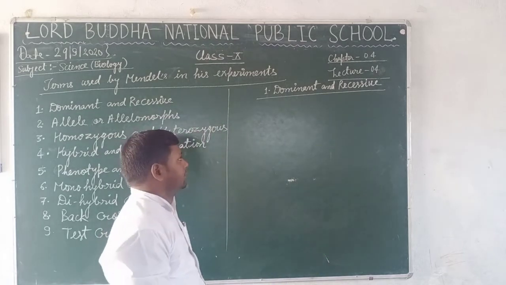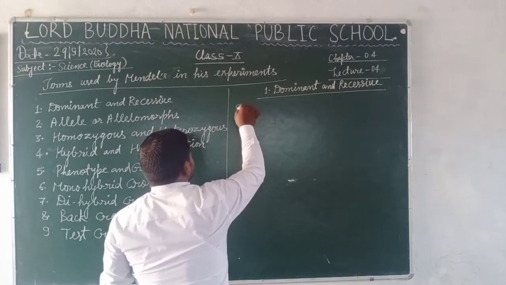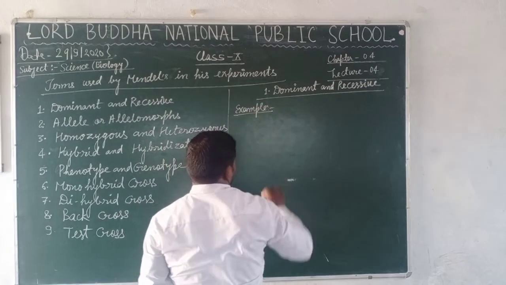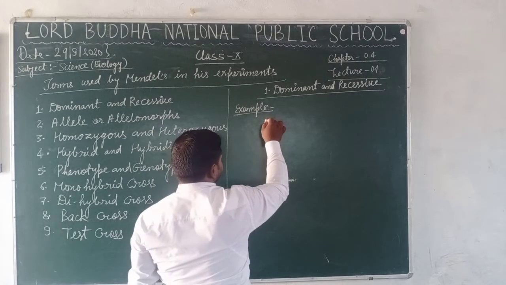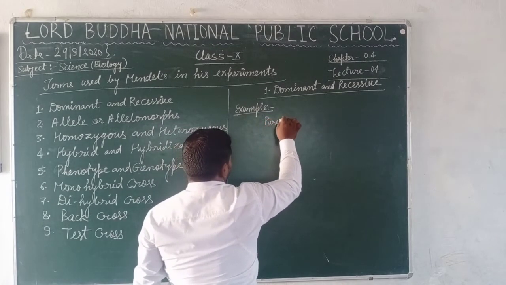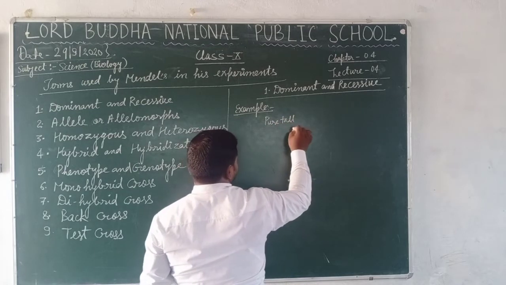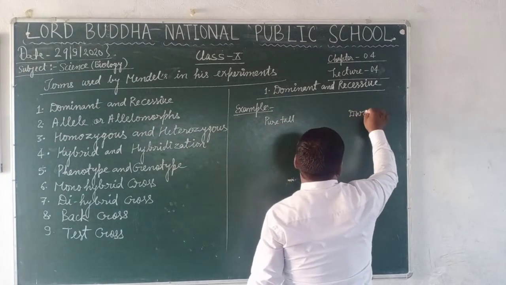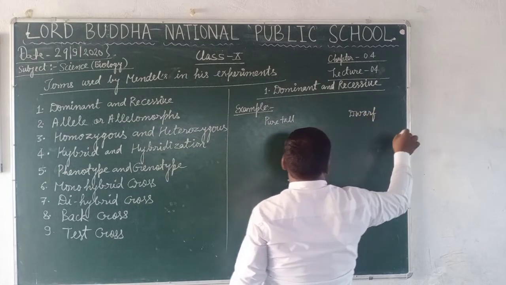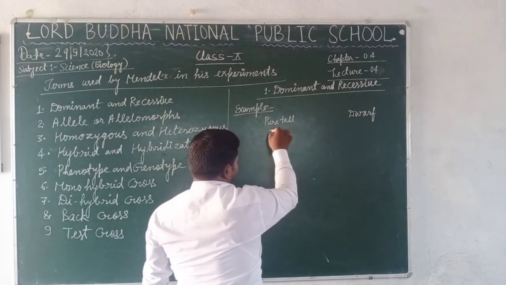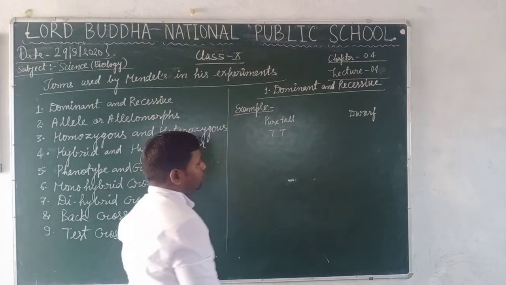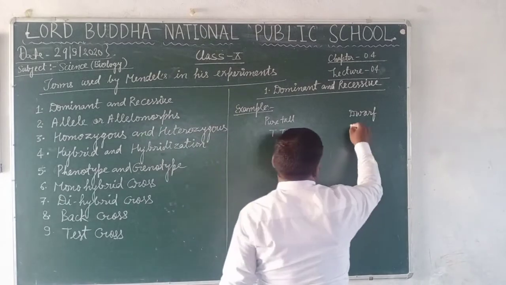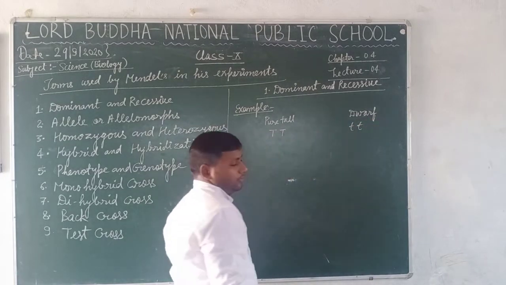For example, when cross hybridization is made between a pure tall and a dwarf, their alleles are considered to be capital T for pure tall and small t for the dwarf.